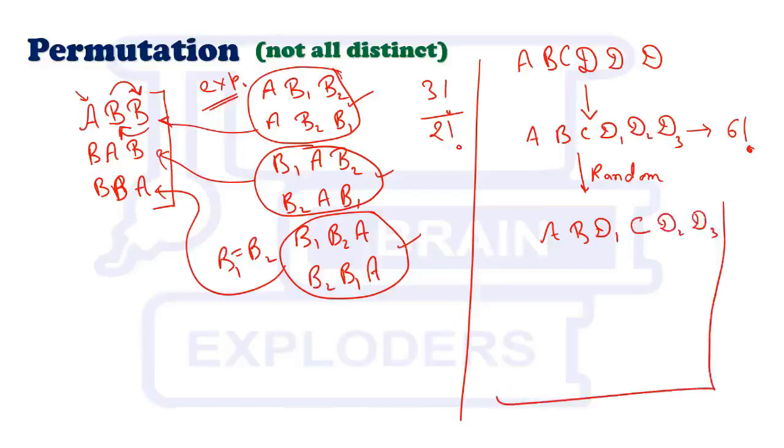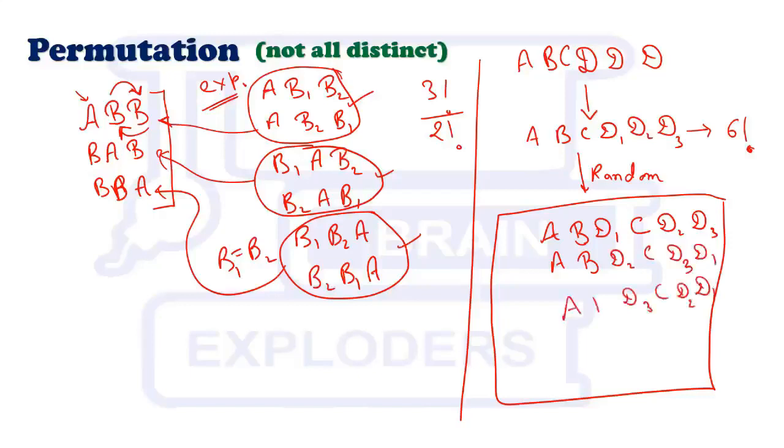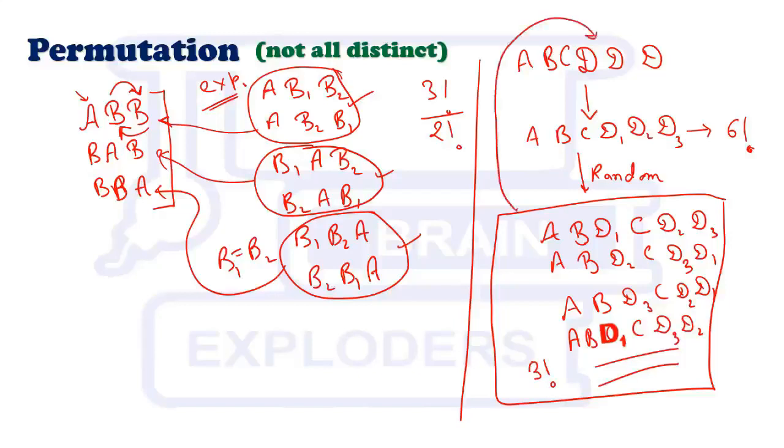Here it will exist in a group. If we fix the positions of A, B and C and keep interchanging the positions of D1, D2 and D3, we can write D2, C, D3, D1, D3, C, D2, D1, and AB, D1, C, D3, D2, etc. Since there are 3 D's, in this box we will find 3 factorial permutations, and as soon as we consider that all these D's are equal, meaning D1 is the same as D2 and the same as D3, all these cases will be treated as 1.